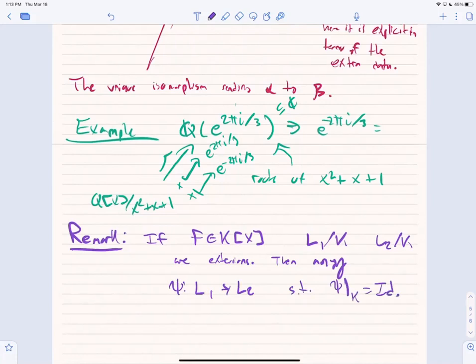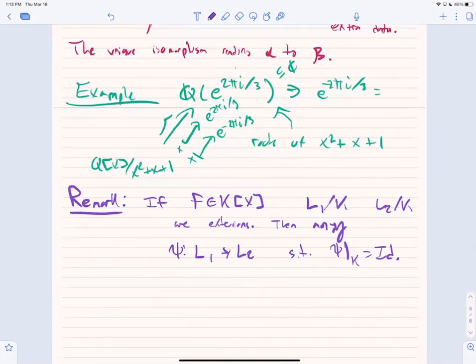Recall that a map of fields is injective. So this is an injection of fields that restricts to the identity on K. Then any map of fields like this, the identity on K, sends roots of f in L1 to roots of f in L2.